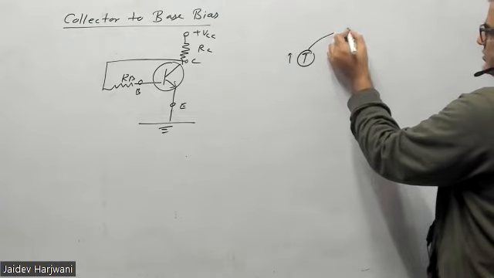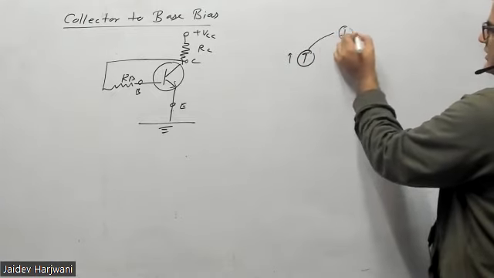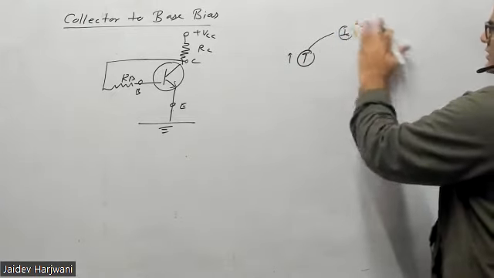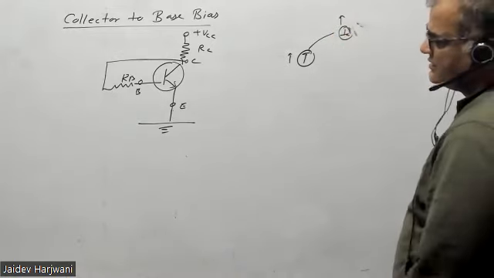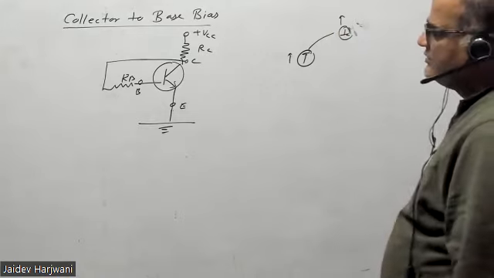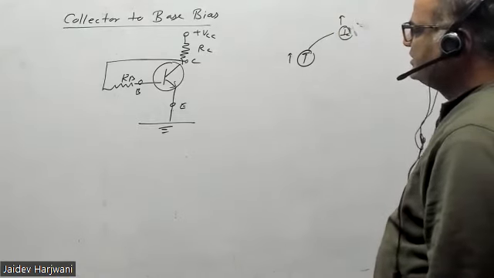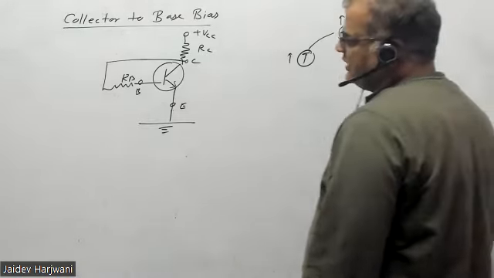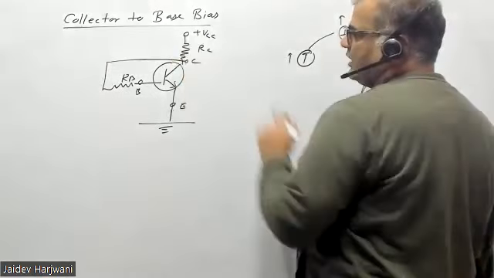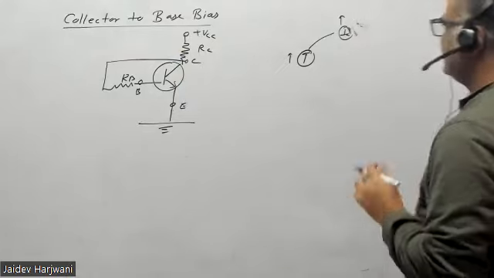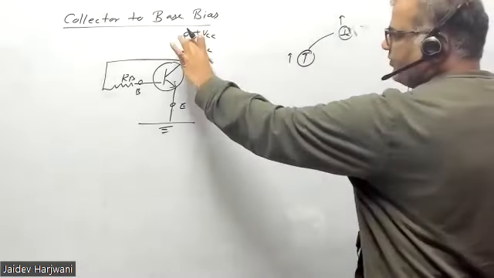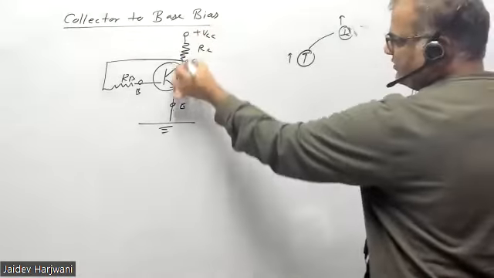Now when IC increases, what happens? The voltage drop across this RC will also increase. So if IC is more, this drop is also more, because IC is coming from here only.